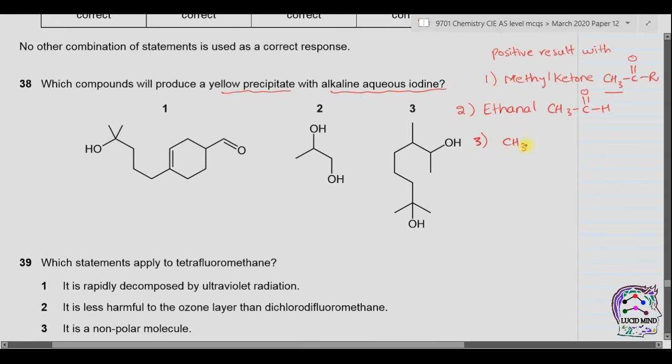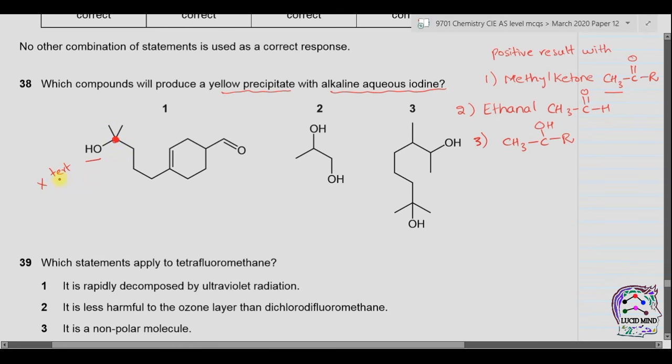So we have CH3 CHOH R. If these 3 types of compounds are present, then always a yellow precipitate is formed. So let's see which one of these is present in the given compounds. Number 1, this is a carbon atom. So this OH is tertiary because this carbon atom is further combined with 1, 2, 3 other carbon atoms.